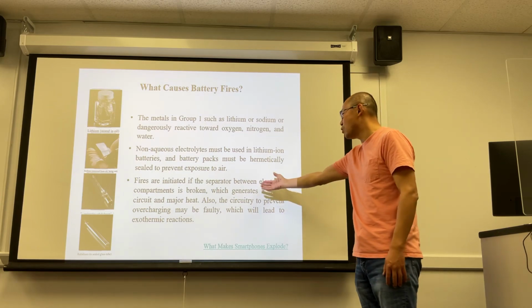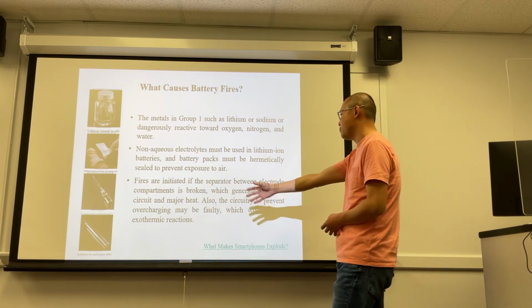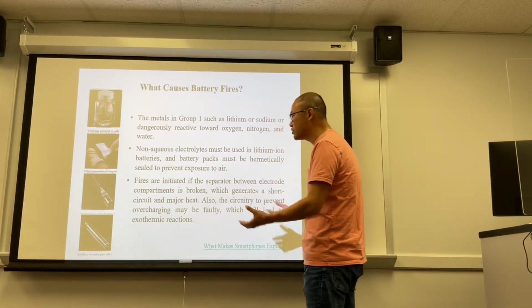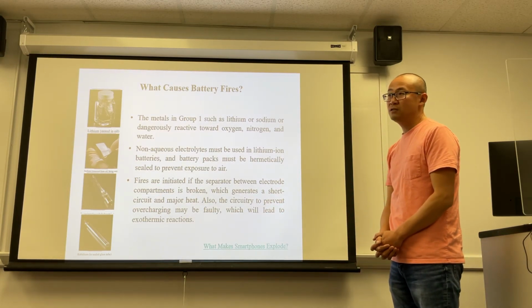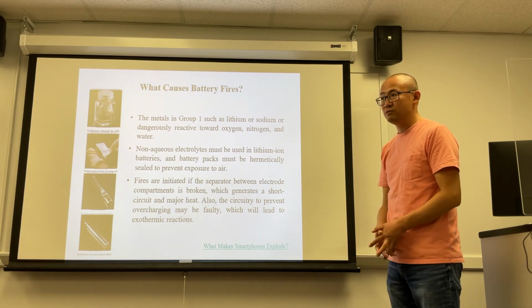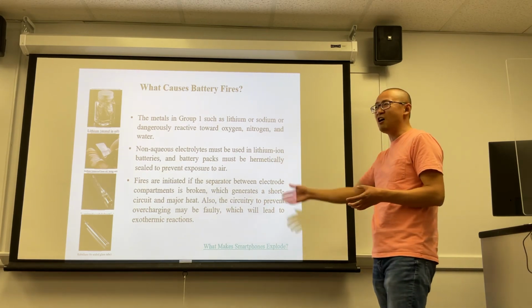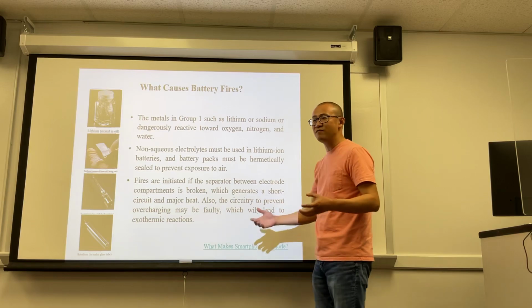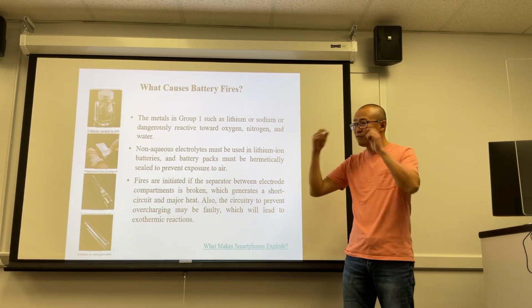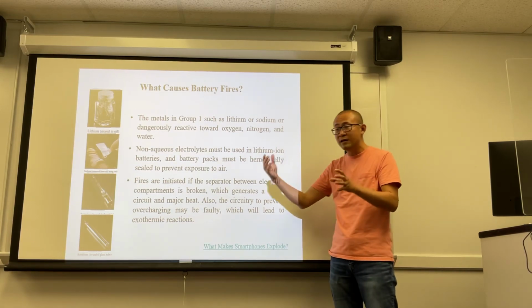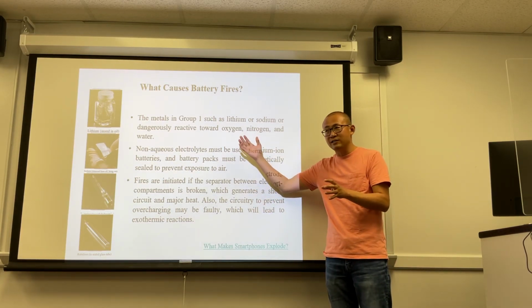But what happens is when the separator between the electrodes is broken, it generates a short circuit and also major heat. That will cause fire or explosion. A lot of car batteries, you've heard tons of news of Tesla catching fire, Tesla explosion, and also some cell phones. That's why there are a lot of regulations on mailing lithium ion batteries.